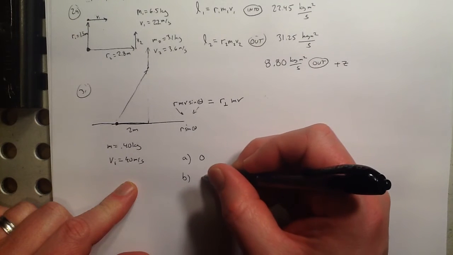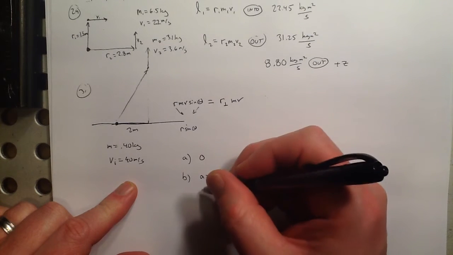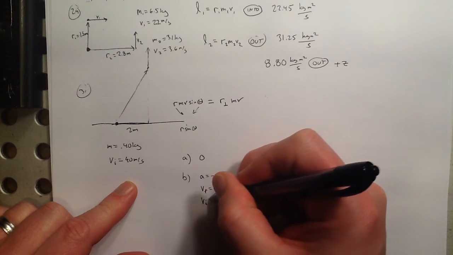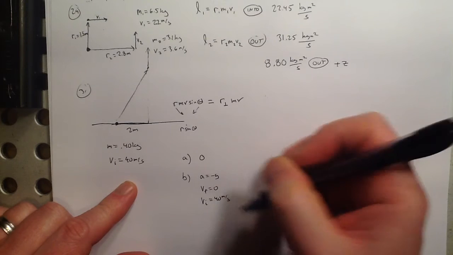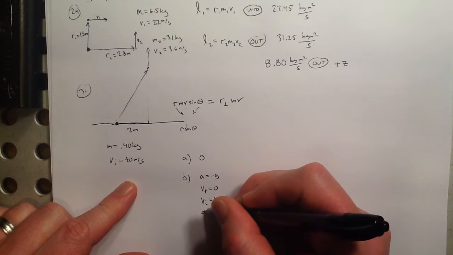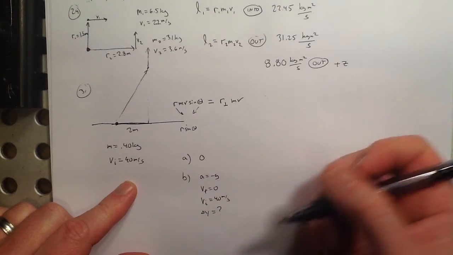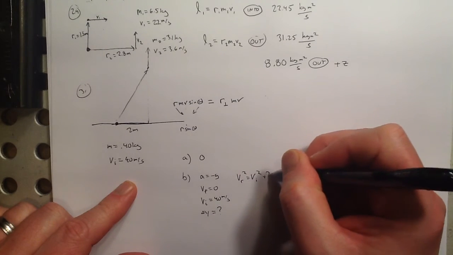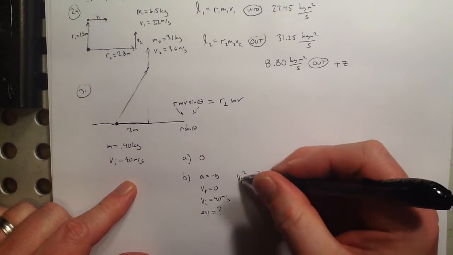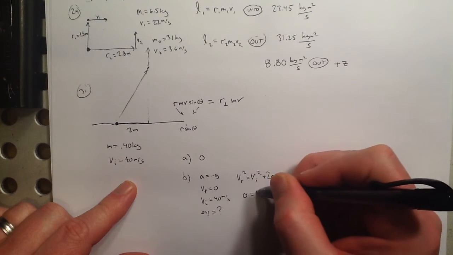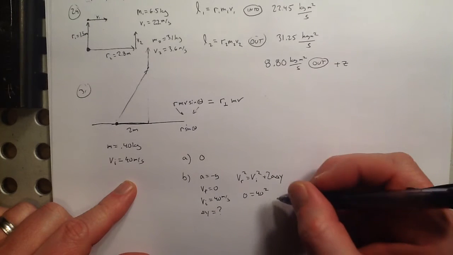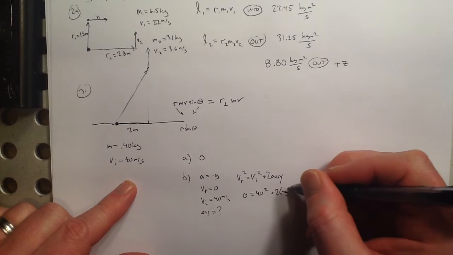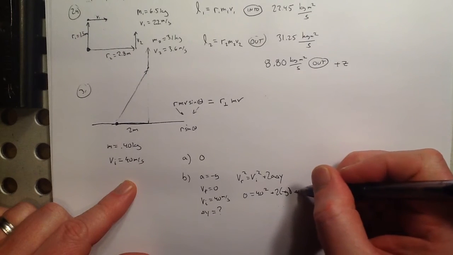So we've got a vertical problem where the acceleration is negative g. The final velocity at the peak would be 0. The initial velocity is 40 meters per second. And I would like to know, what is that maximum height? So Vf squared is equal to Vi squared plus 2a delta y, using that equation. Vf squared is 0. Vi squared is 40 squared plus 2 times minus g times delta y.